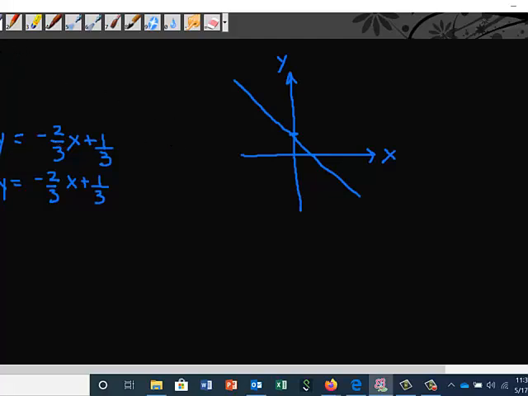The second equation, if you were to graph it, it'll go over top and overlap this one. See, it'll overlap this.